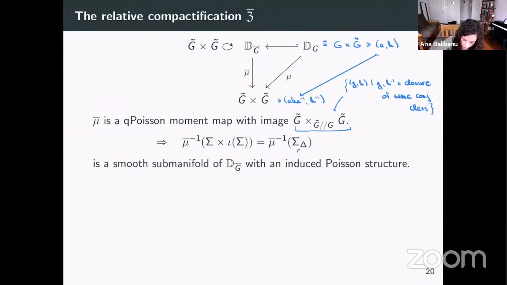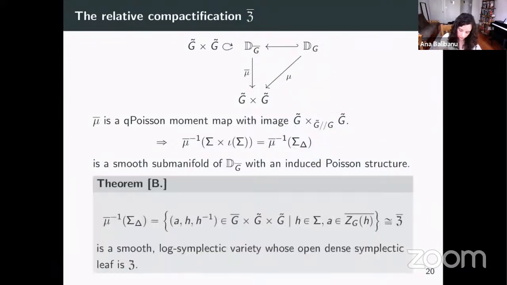So again, if and only if it lives in the locus of points of the form (H, H inverse). And then the theorem from earlier tells us that the preimage of this anti-diagonal is a smooth submanifold of the logarithmic double, and it has an induced Poisson structure.